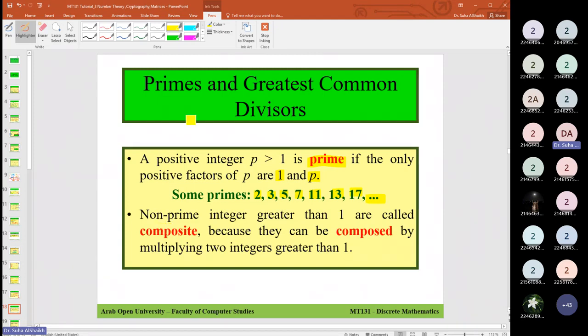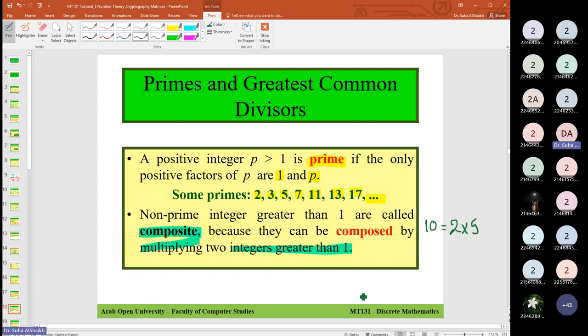The number that is not a prime, we call it composite. Composite means it can be factored. If the number is not a prime, then it is composite. What does composite mean? It means it can be composed into a multiplication of two integers that are greater than 1. So for example, the number 10 is composite because it's a multiplication of 2 and 5.